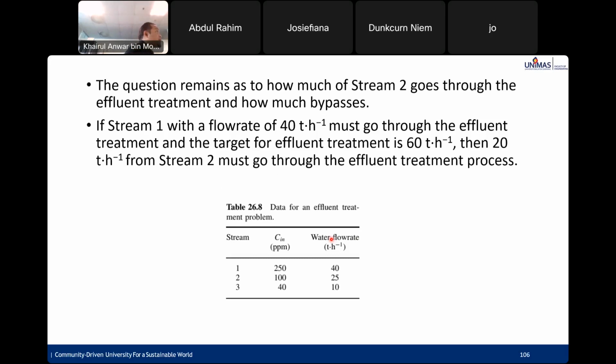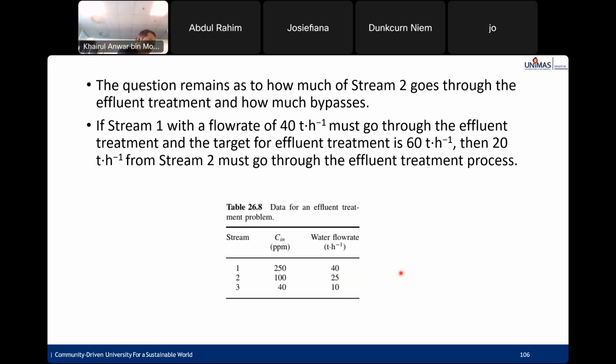If stream 1 with a flow rate of 40 ton per hour must go through the effluent treatment, and the target for effluent treatment is 60 ton per hour, then 20 ton per hour from stream 2 must go through the effluent treatment process. So only 20, so 5 ton per hour from stream 2 will bypass the effluent treatment, meaning it will be mixed with stream 3 here.